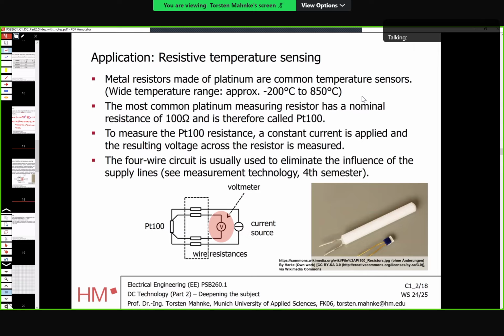Now, how do you use it? Well, look at this circuit down here. We have the resistor, the PT100, and we bring it into the location where we want to know the temperature.